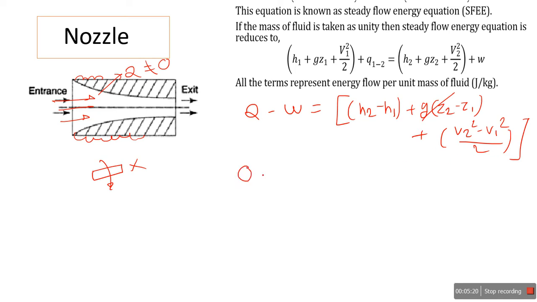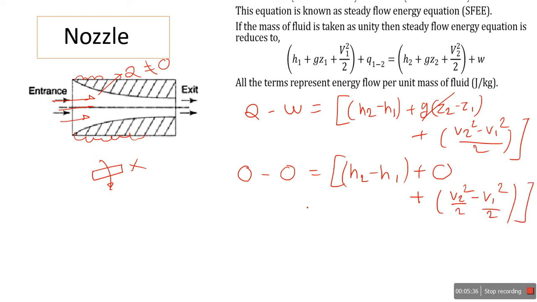So Q is 0, W is 0, so we have H2 minus H1 plus the change in potential energy, 0, so the remaining is V2 square minus V1 square, divided by 2. Taking the enthalpy drop to this side, it becomes H1 minus H2 equals V2 square by 2 minus V1 square by 2.